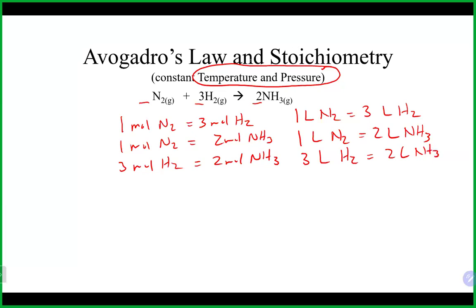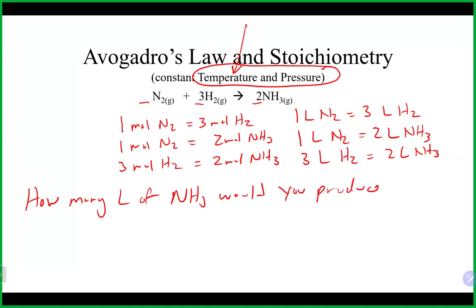So if you find yourself in a stoichiometry problem that's at constant temperature and pressure and you've got gases, and let's say you want to know how many liters of NH3 you would produce if you started with 4 liters of H2, you really could just do a stoichiometry problem. Take the 4 liters of H2.